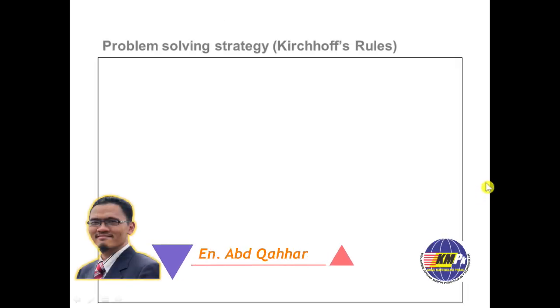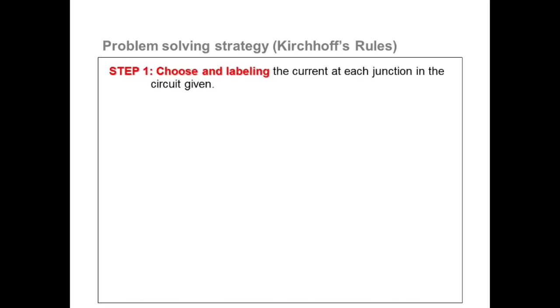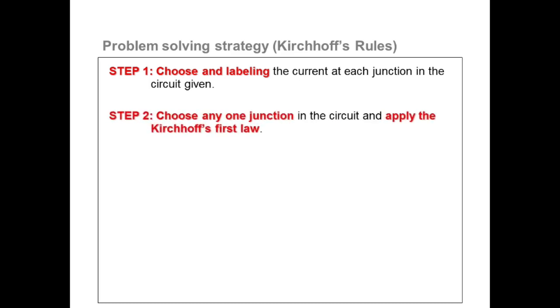Okay, if we have a problem involving Kirchhoff's rules, there are several steps we can follow to solve it. For the first step, we choose and label the current at each junction. Second, we apply Kirchhoff's first law at the junction.